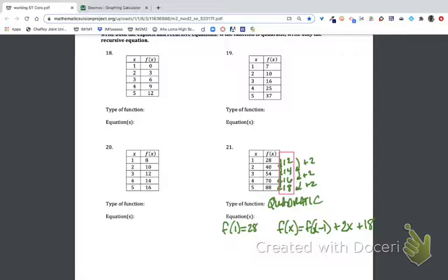The output right before it would have to be 10 less than this 28. So our 0 term would actually be 18. It's working its way backwards a little bit, but this is kind of a review. I don't know how far we got into recursive equations for quadratics, but this is the correct representation.